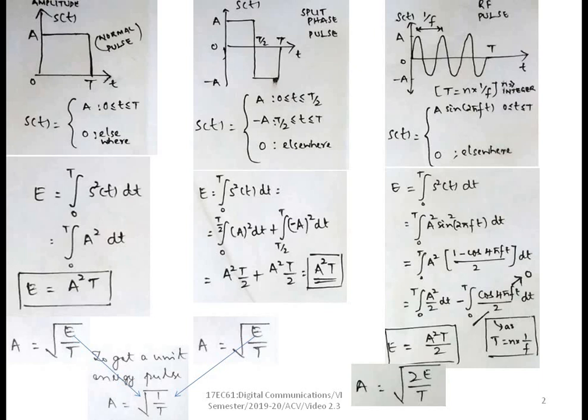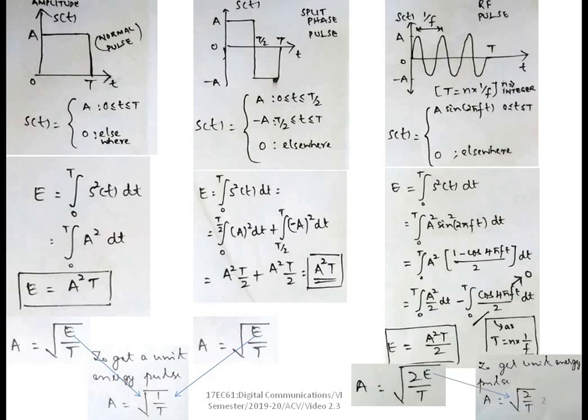For the energy of a signal to be equal to unity, we have to divide the amplitude level of the signal by the root of its energy, so that the resultant signal will have unit energy, as energy is proportional to the square of amplitude. When we divide the amplitude by the square root of energy, we get a unit energy signal.